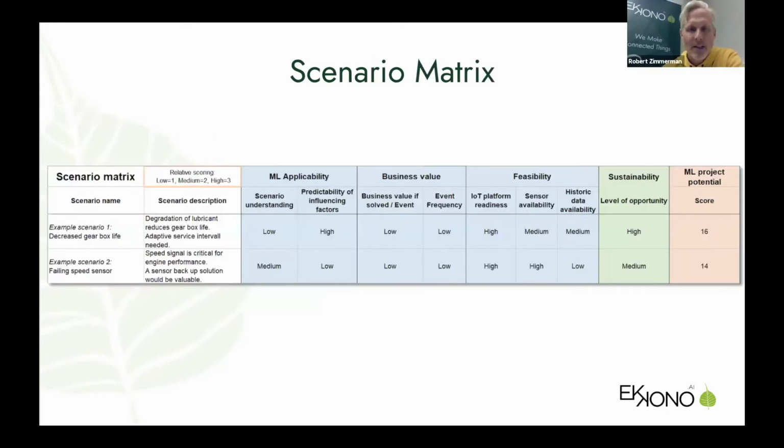So the scenario matrix helps you to find the correct use cases with the most potential of being a successful machine learning project. It starts out with a description of the scenario, and then we have 4 different areas that we give a scoring: machine learning applicability, business value created, feasibility, and sustainability.